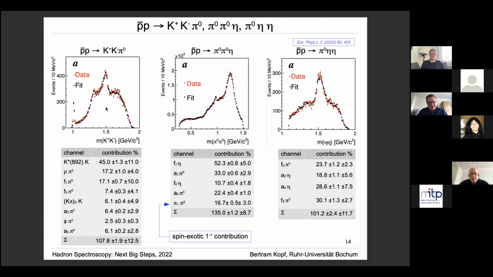But I have the impression one needs a lot of statistics, and when, for example, PANDA will start in a high luminosity mode, then I would guess, I'm not sure, one has to calculate it a bit, then I would be sure that one should be sensitive to this mixing scenario. But here I think the number of data are not enough.